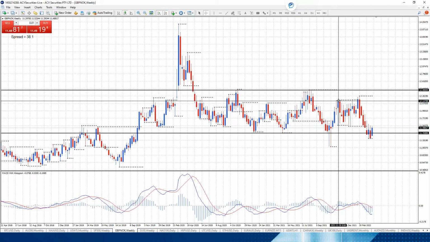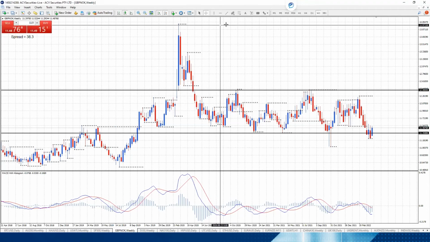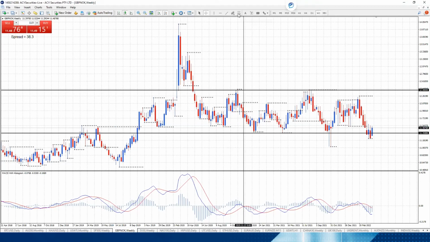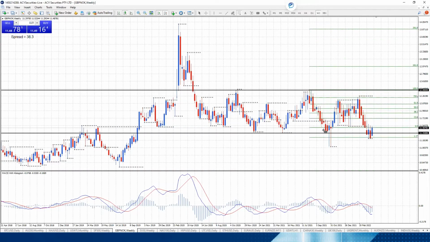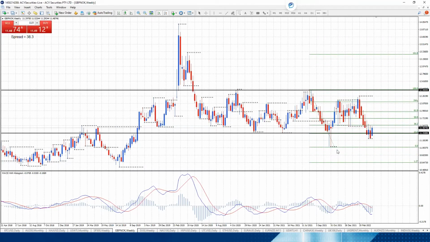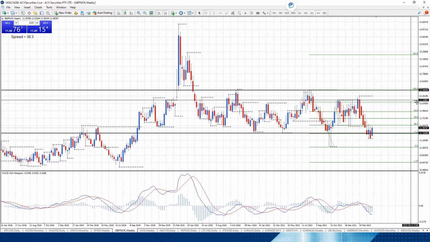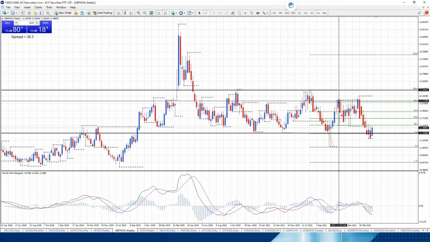And again, this is a good example of where you might use your Fibonacci. Okay, so you can use your Fib tool, and I'm on a weekly chart, and you might be looking for an entry point. And if you go to this bottom period here, it literally, look at that, it comes up to the 79% retracement level again.